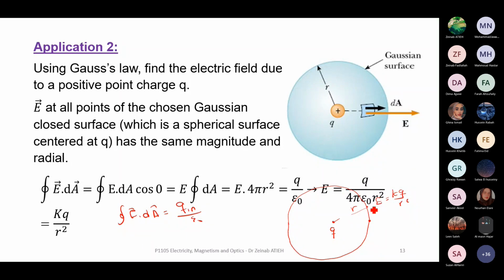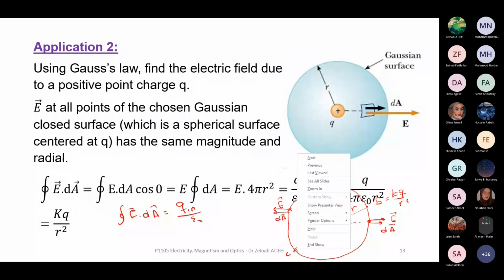The first thing I do is draw, at a certain point, the E and the dA. E must be radially outward, and dA at all points is perpendicular to the surface, outward. If I choose another point, E will be like this and dA likewise, perpendicular to the surface, and E is radial. E is radial and dA is also radial, because it is perpendicular to the sphere. Here everywhere you can see that E and dA have the same sense.